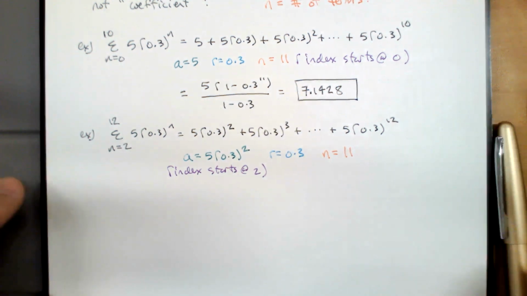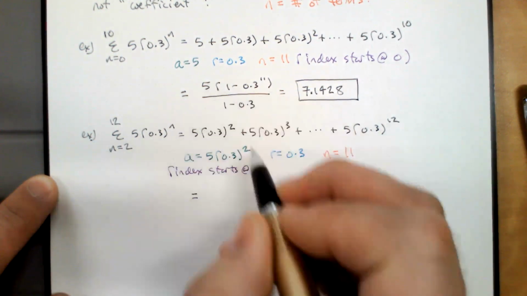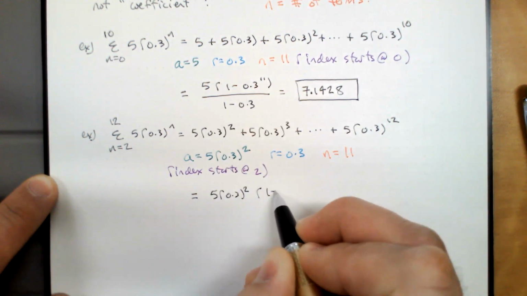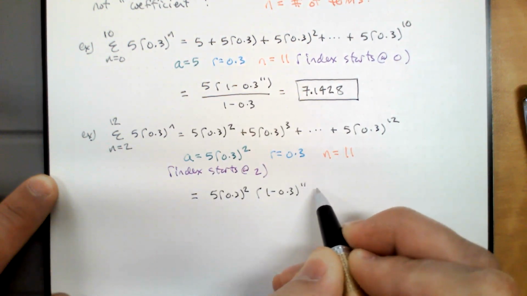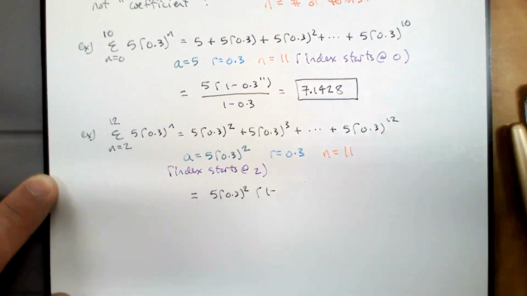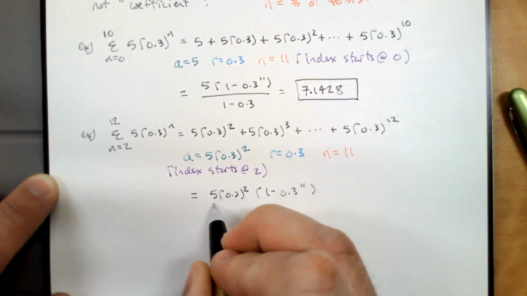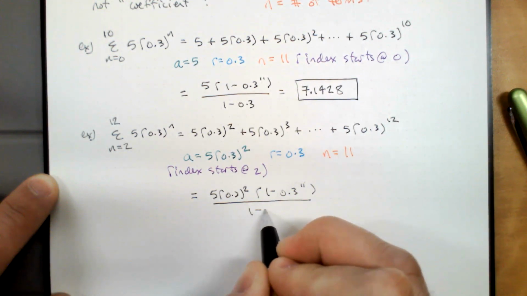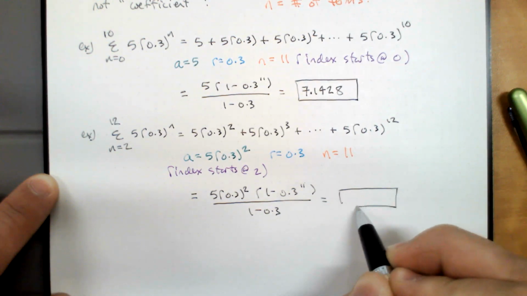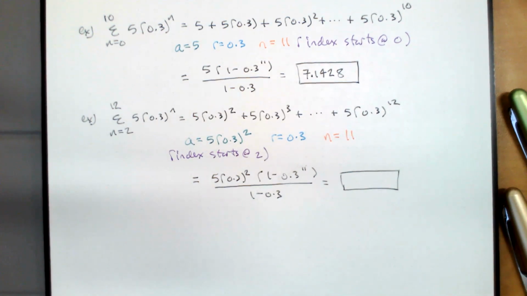So the sum will be different. Instead of the first term of just 5, I'm going to have to write 5 times 0.3 squared times 1 minus 0.3 to the 11th. This one will be a little bit less.